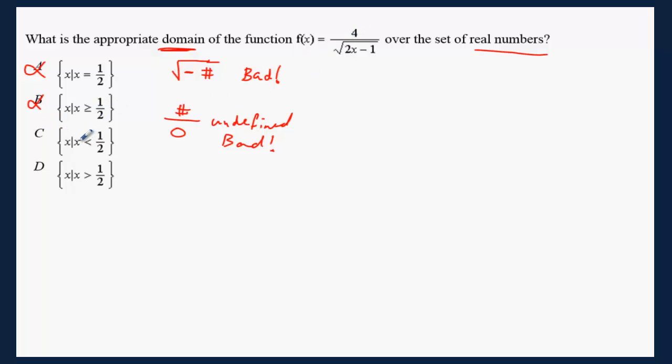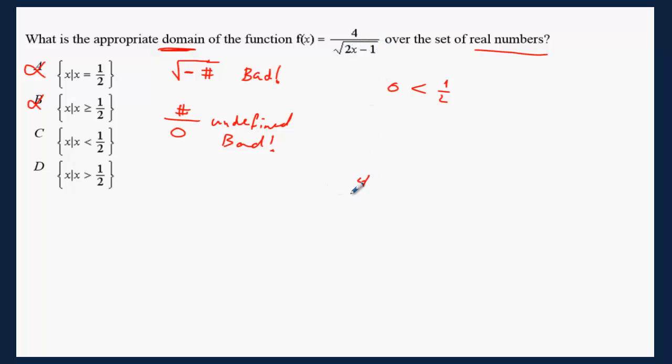Choice C. x is less than 1/2. Okay, find any number that is less than 1/2. 0 is less than 1/2, right? Let's substitute 0 here. If x equals 0, 2 times 0 is 0, 0 minus 1.